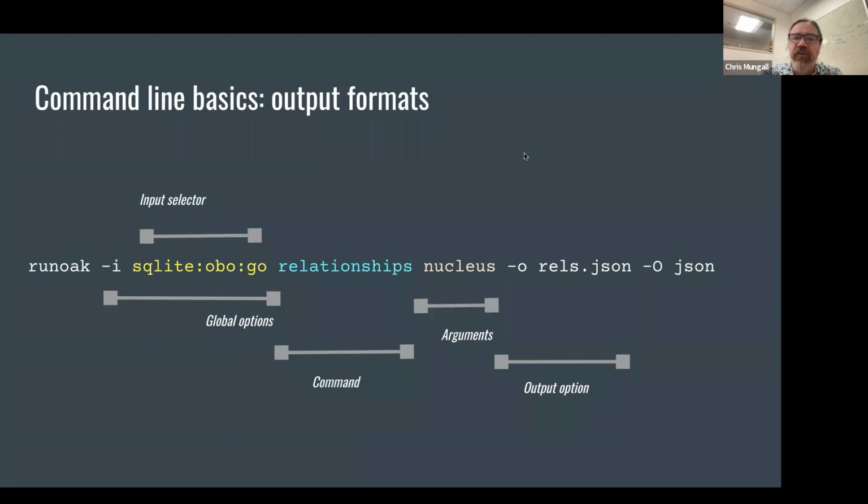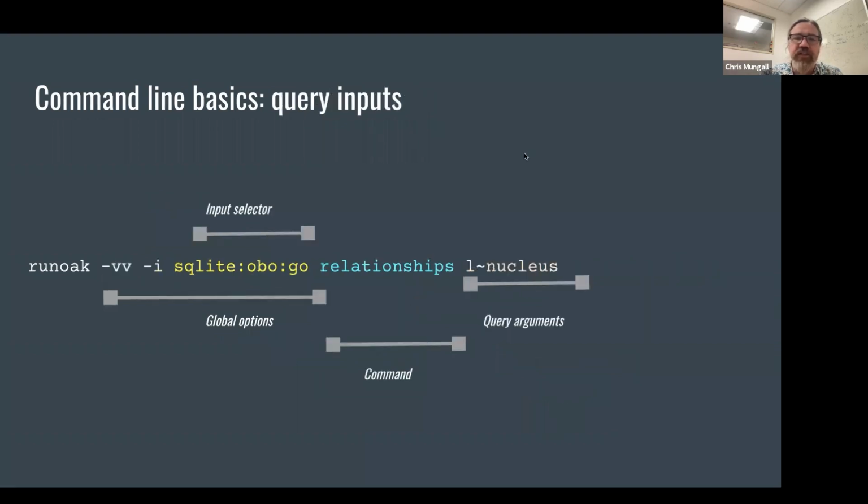Yeah, the same thing, you can get output in JSON. So in addition to just being able to pass in plain identifiers and labels, you can also pass in lexical queries over the ontology as well.